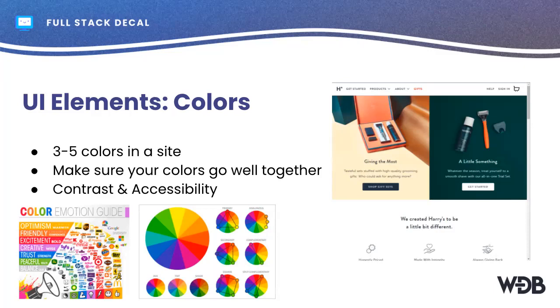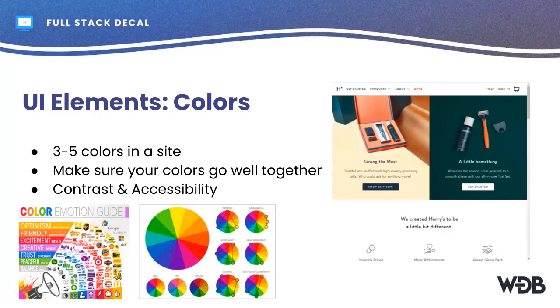And yeah, different colors represent different emotions and can evoke different emotions, as can be seen in this graphic right here. And colors also include contrast and accessibility, as in what colors can actually be seen by everyone. Same thing, red and green, you don't want those two things on top of each other.